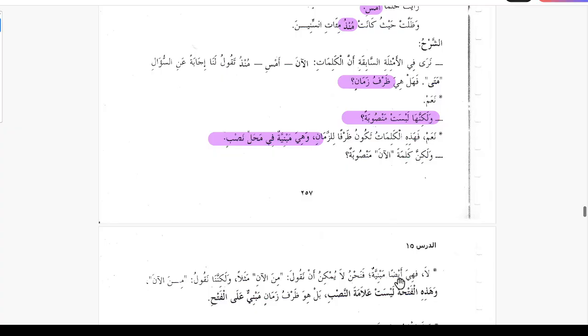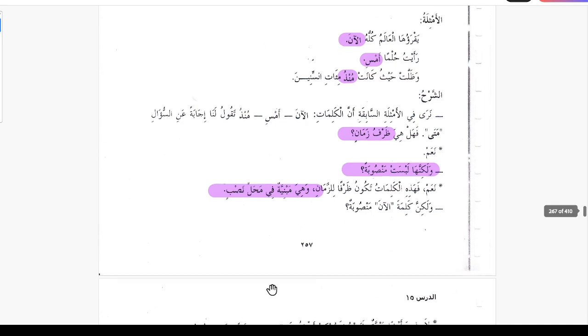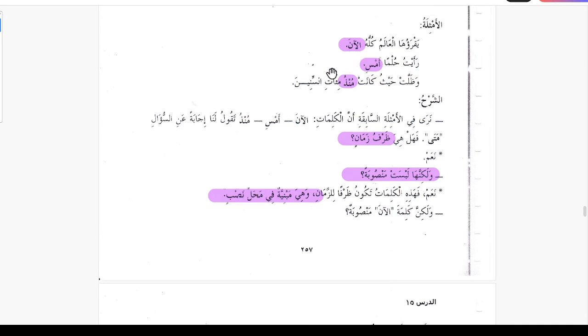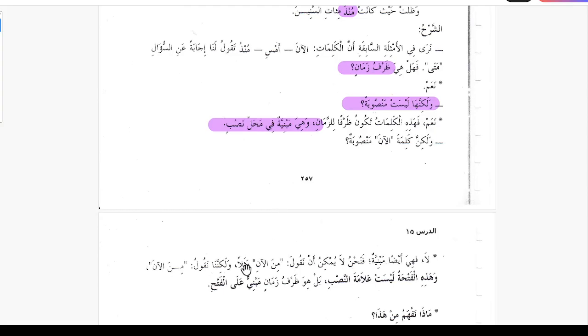La, fahiya aidan mabniyan, no, this is not mansub, this is also mabni. Fanahnu la yumkinu an nakula, it is not possible for us to say minal ani. If we put min, it won't change to minal ani. For example, whenever, even if you use a harf of jar, it is going to stay al-ana.